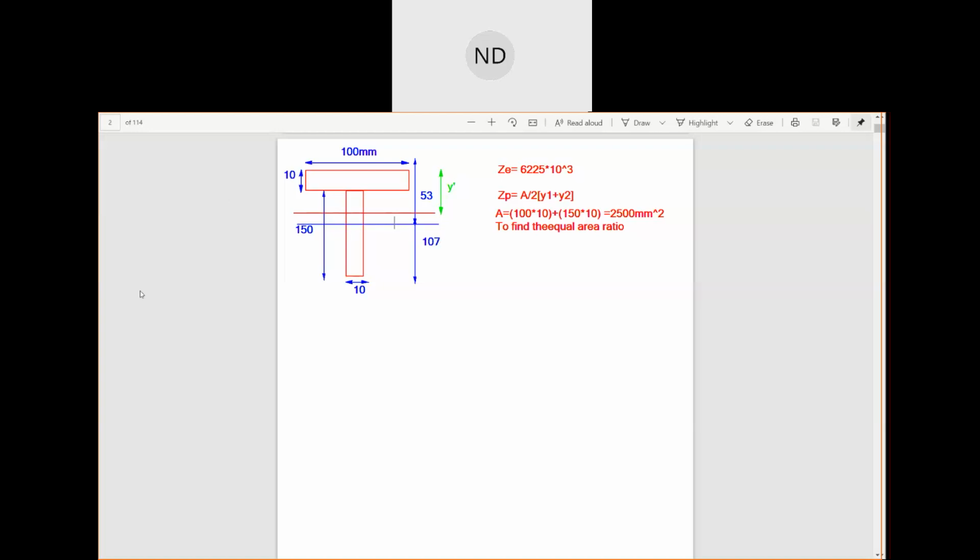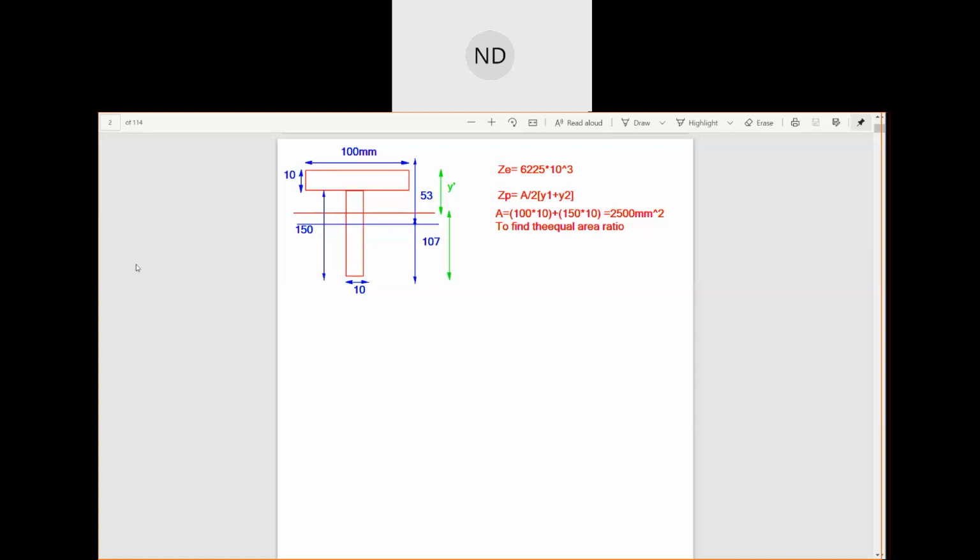Now I'll show you here. This bottom portion will be how much? We know this is our equal area axis, this red one, and the distance from the top is y dash. So what will be the bottom portion below the equal area axis? This is 150, this total is 150 plus this 10, 160.